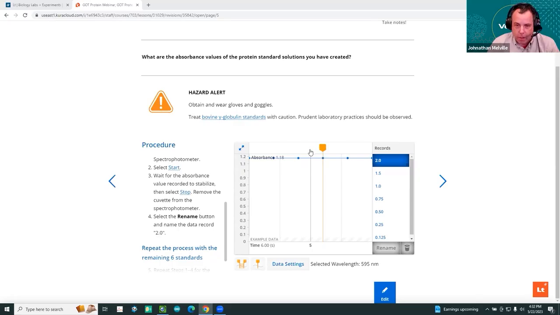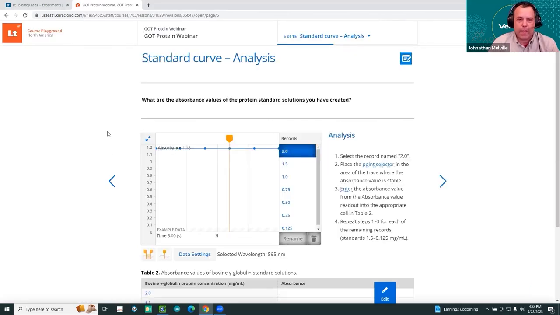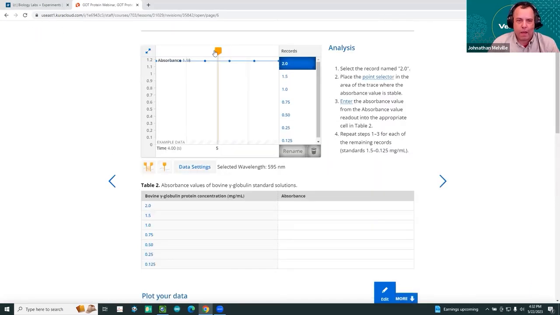All right, so what's great here is I'm going to go to the next page. This is where we would analyze the standard curve. I've put a data point here, and then I can just grab right here where it says absorbance 1.18 and toss it down here under the table for 2.